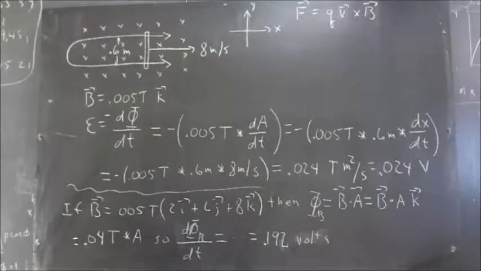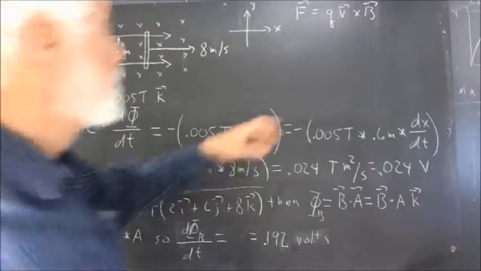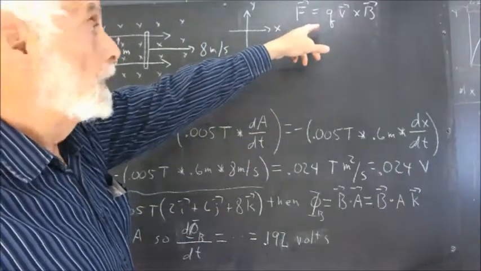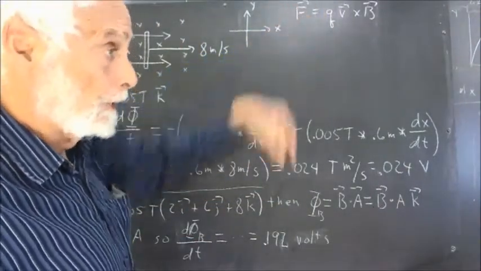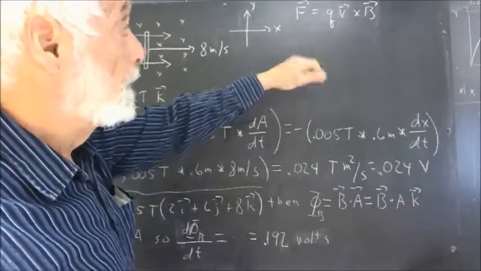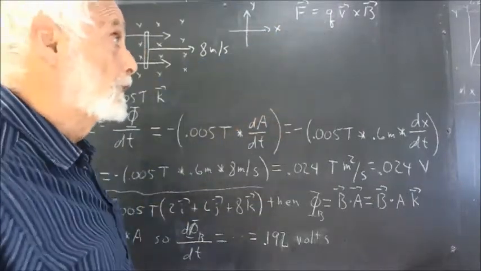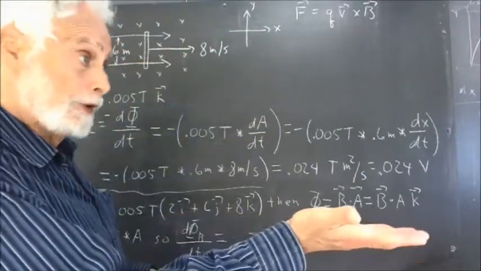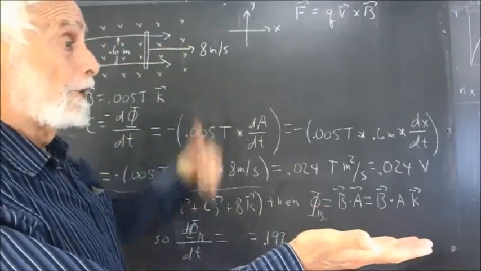Let's see if we can raise the camera just a little bit. Q is a positive charge. I didn't ask you how much force, just the direction of the force, and how much force depends on how much charge. V is in this direction, so here's V. B is coming out of the board.